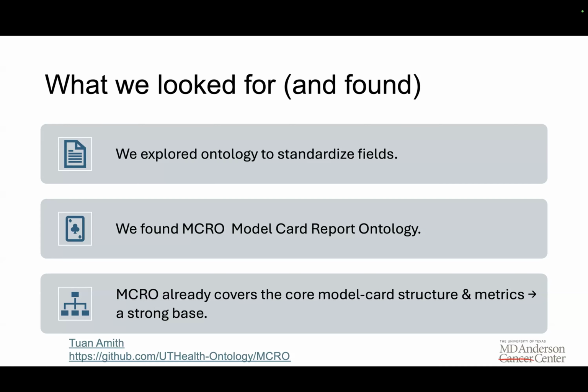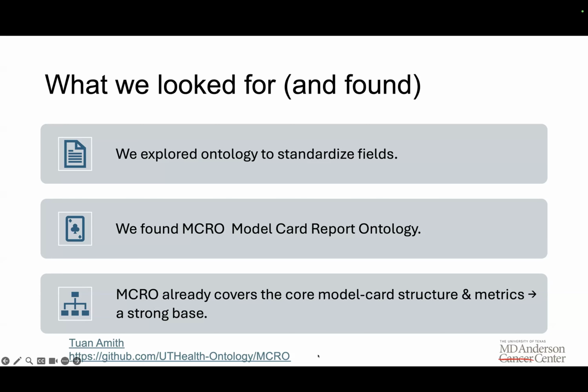And we figured out that it is from one of our neighbors at UT Health. So we started from there, but then we figured out that not all the things that we need are present in MCRO.